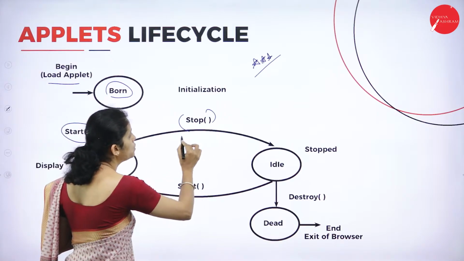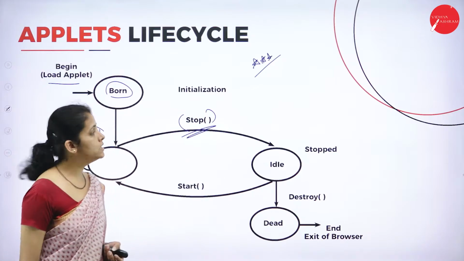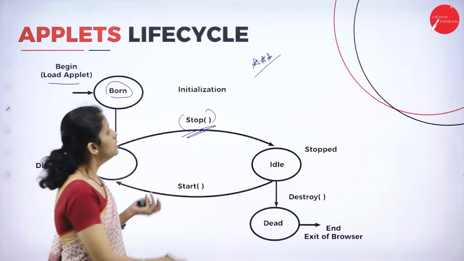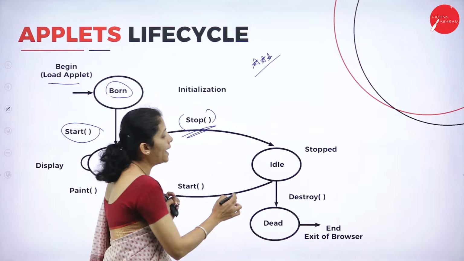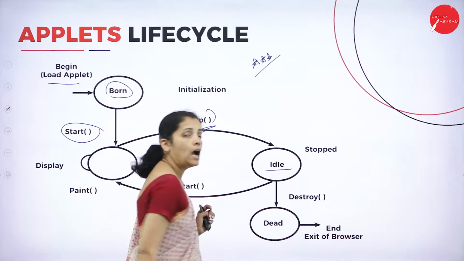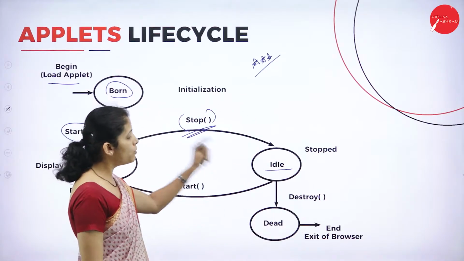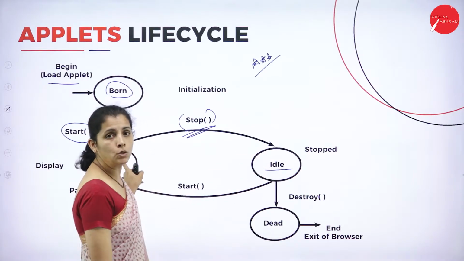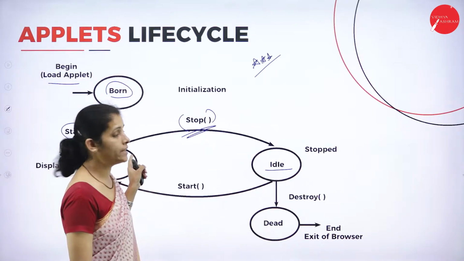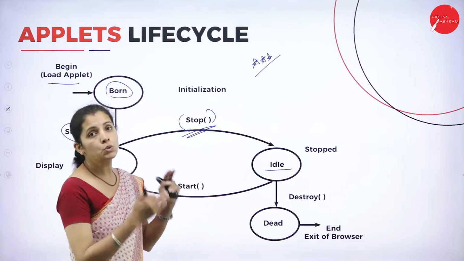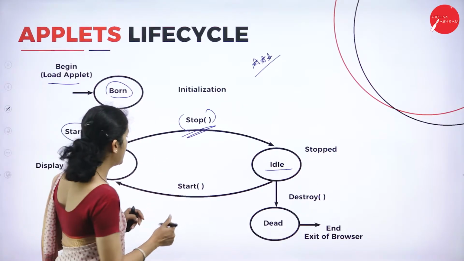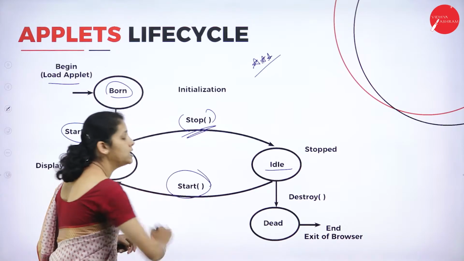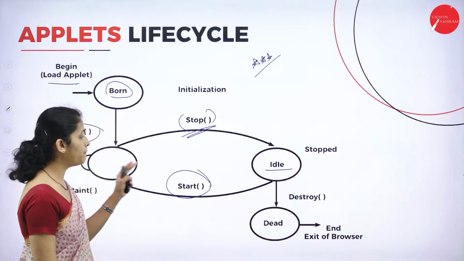From the running state, if I want to stop the execution of an applet, in that situation, I can call the method stop. So now the applet has entered an idle state. From the idle state, if I want to switch back to the running state, that can be done by using the start method.